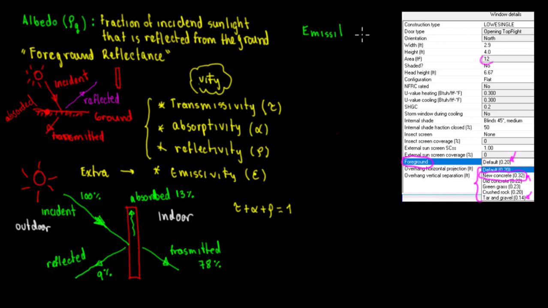Okay, let's put that like this. Emissivity. So for emissivity, we have this representation as epsilon, and the definition of emissivity is the following.